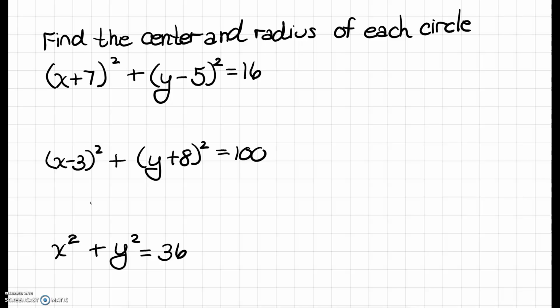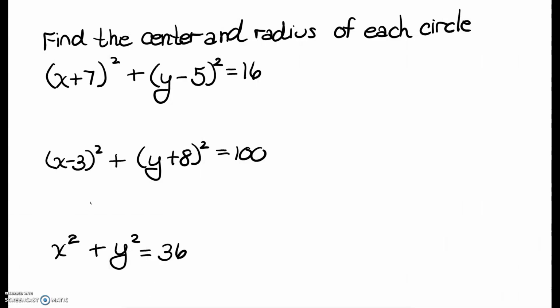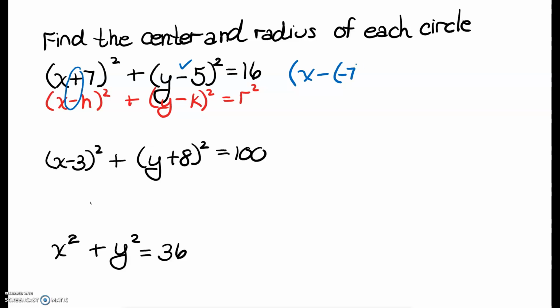All right, so now I have a couple of examples here. It says find the center and radius of each circle. So I'm going to start off by writing the standard form of a circle underneath here. And I want you to notice that the very first thing, I don't have negatives here. This one is good, right? Minus, minus, but the first one isn't. So I'm going to write it in terms of a minus. So I know to get a positive, I can subtract a negative.